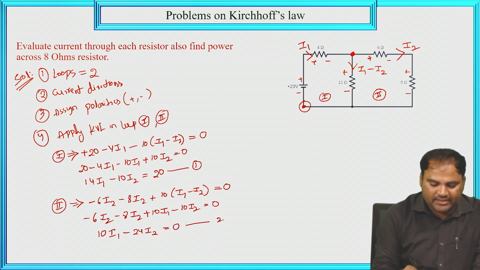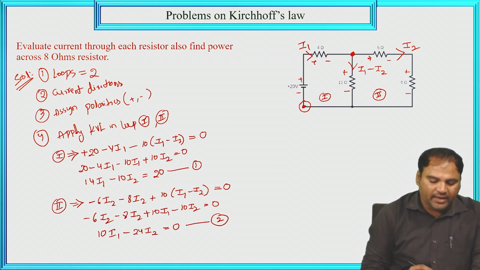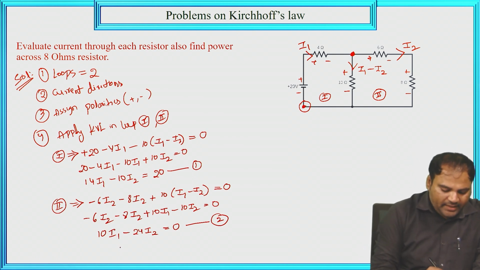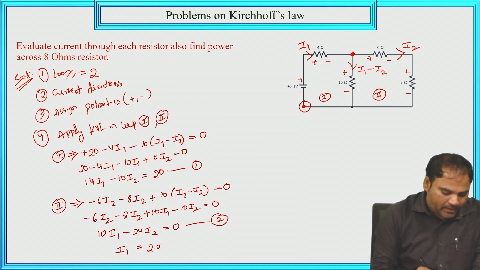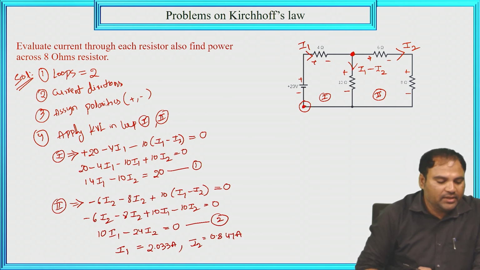Let us take this as equation number 2. Now by solving equation 1 and equation 2, we get I1 equal to 2.033 amperes and I2 equal to 0.847 amperes.